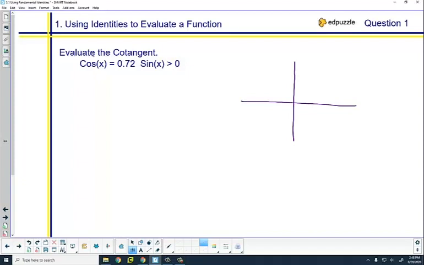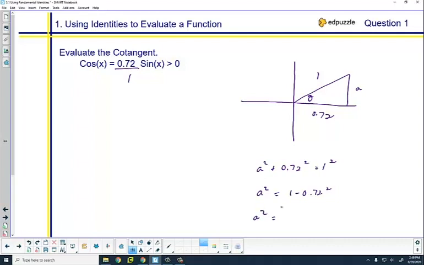All right, so cosine is positive. That means we're over here in quadrant 1 or quadrant 4. Sine is also positive. So I gave you guys an easy one. We're in quadrant 1. And we know cosine is 0.72 over 1. So we'll make this a. So a squared plus 0.72 squared equals 1 squared. So a squared equals 1 minus 0.72 squared.